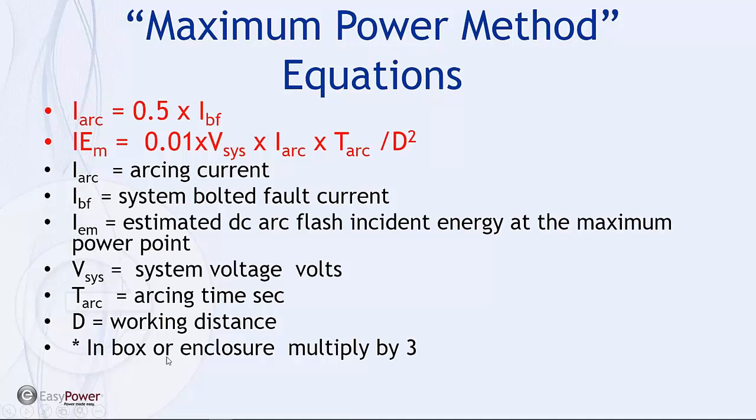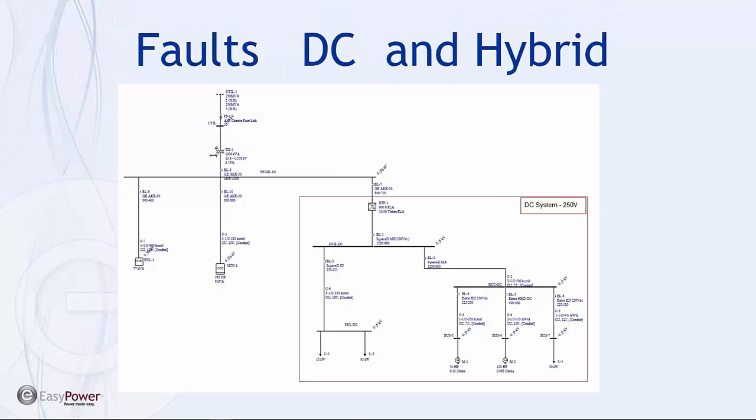With the caveat that if this arc were to happen in an enclosed box, then you multiply those results by 3. Again, the reflected energy from the 3 sides back to whatever we were looking into amplifies the energy that the worker's exposed to. So let's take all this into EasyPower and see how this applies.